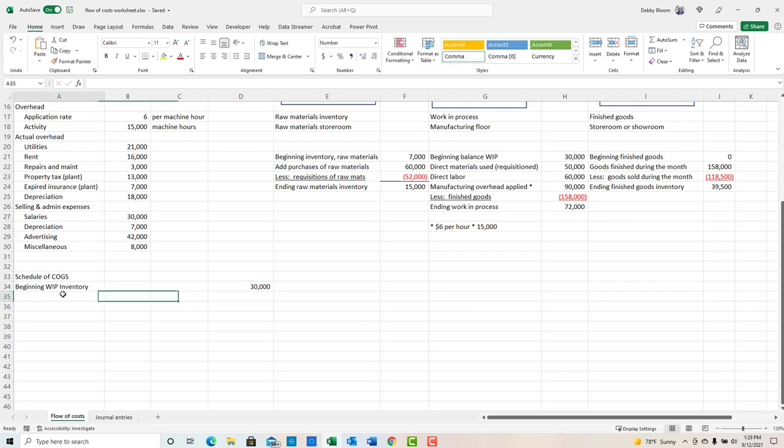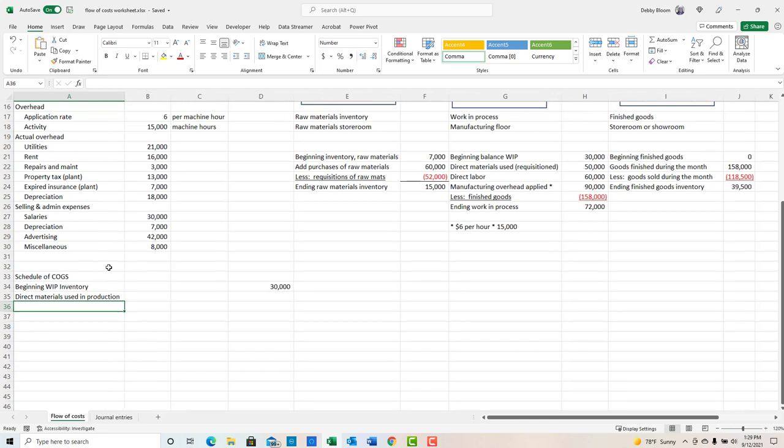Now we're going to calculate the direct materials used in production. So to calculate our direct materials used in production, we're going to start off with our beginning raw materials inventory. Once again, that was given in the problem as $7,000.